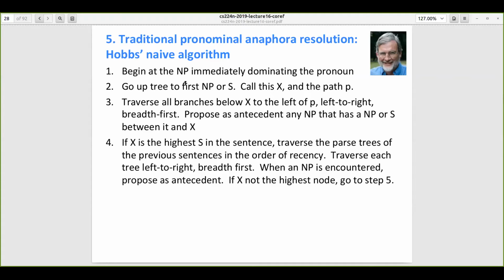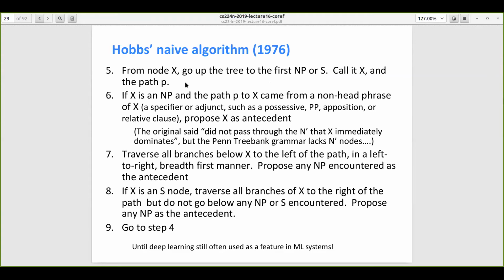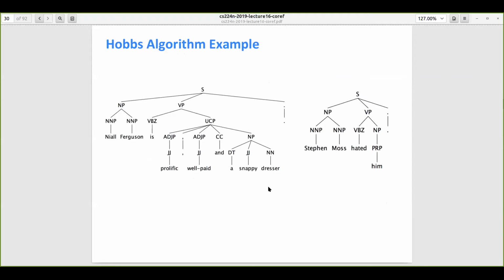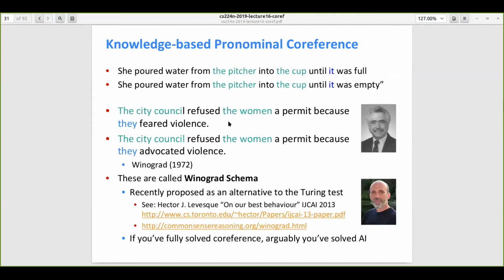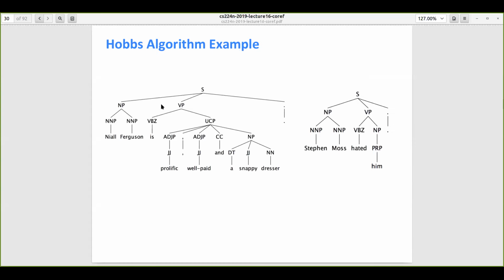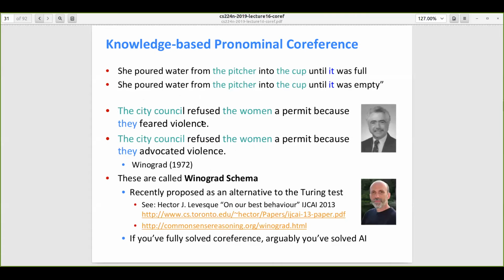It is considered to be very naive, a typical rule-based algorithm, which works in some cases, but not all the time. It builds some kind of tree like this, and then does the coreference resolution. But there are some problems with this algorithm.